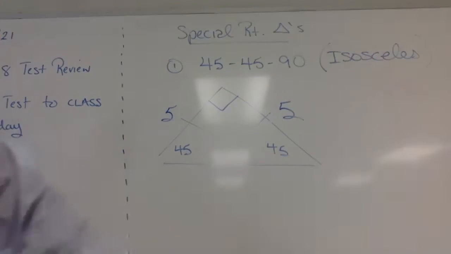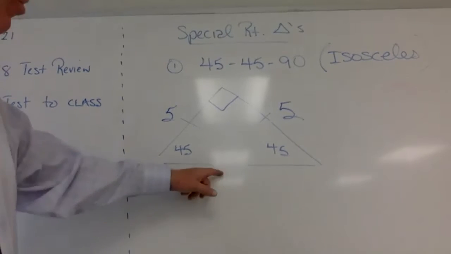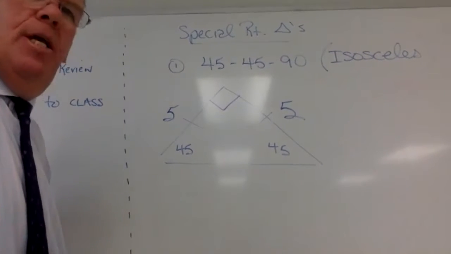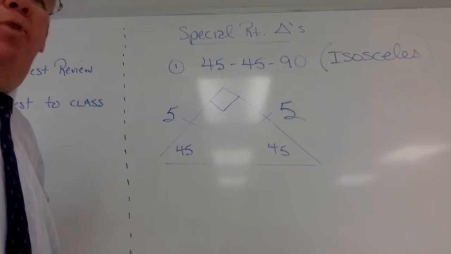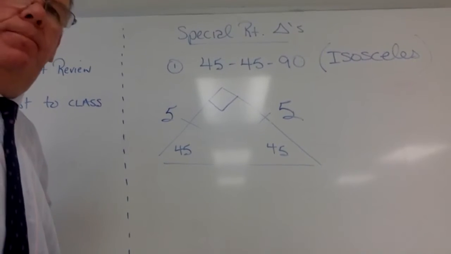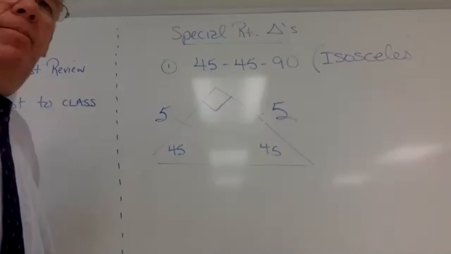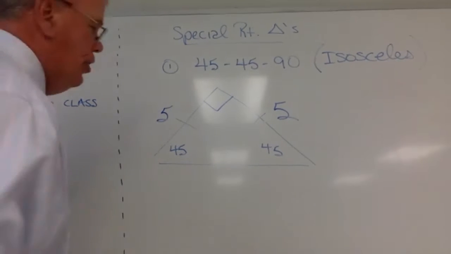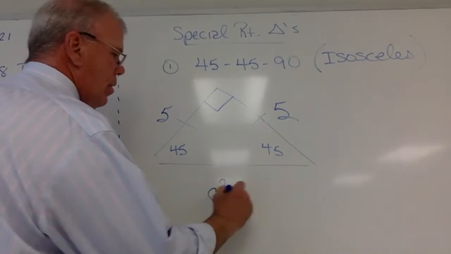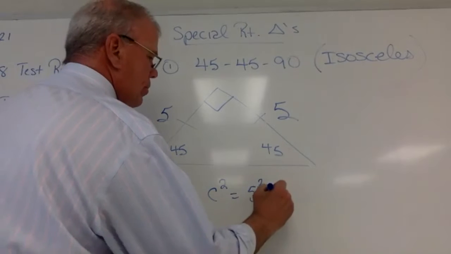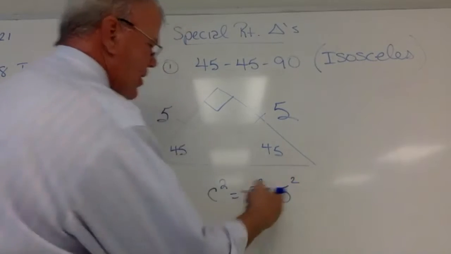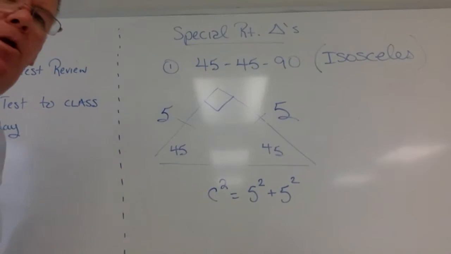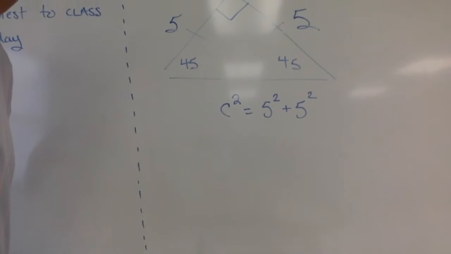Hey, what's this? Who remembers the rule? Let's say you didn't remember the rule. What could you use? It's a right triangle. The Pythagorean theorem.